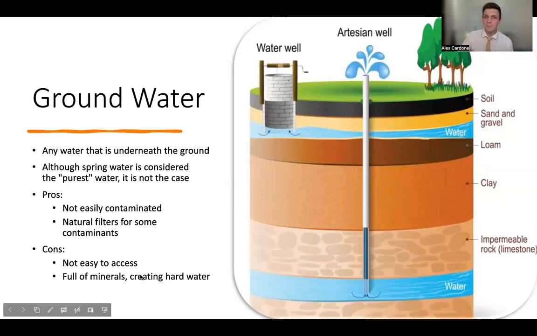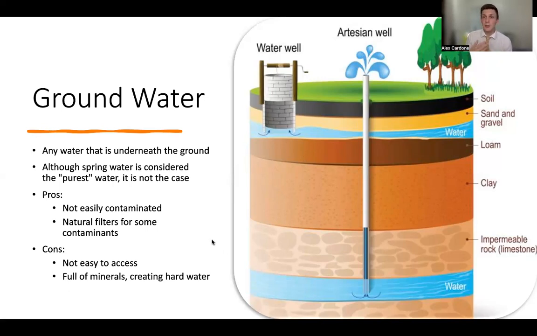Some downsides to it: it's not easy to access. Not everyone can build a well very easily, or get down to a necessary water table that could be 50 to 100 feet deep. That's pretty hefty, and that's even out of the reasonability of digging down that far just manually.